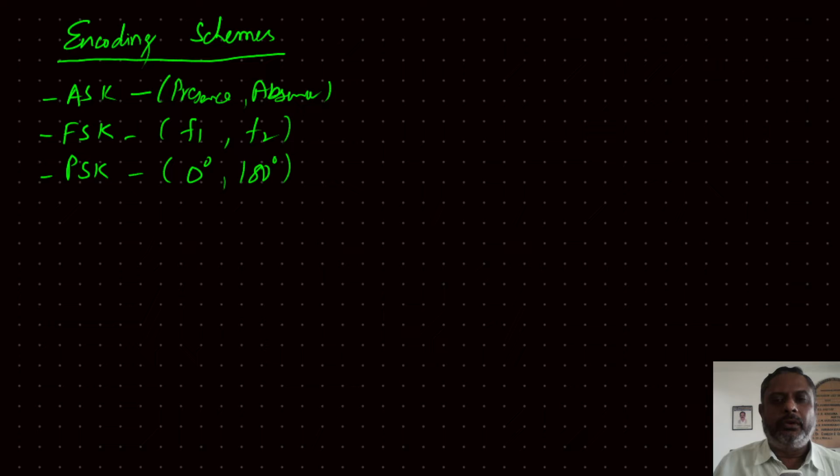Now if you look at this one, if you put this in the polar format, then PSK, you're talking about PSK, then what it is saying is 0 can be represented with a 0 degree and 1 can be represented with 180 degree, or the other way as you wish.